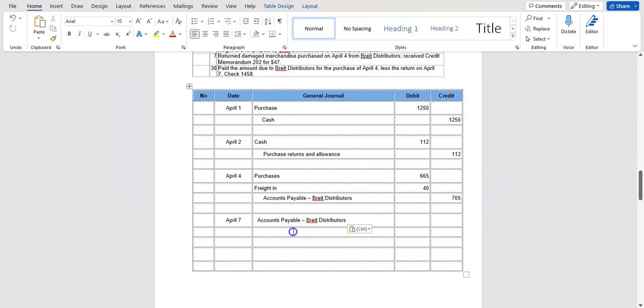And then we're going to credit our purchase returns and allowances, okay? So the allowance is where we get the credit. And that's going to be for the amount of $47.